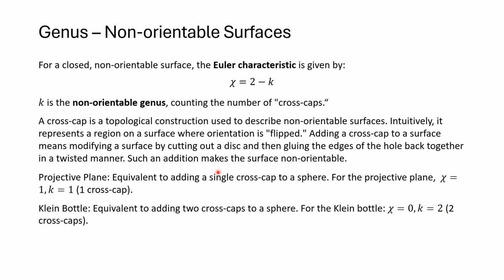So again, this is a lot to take in. I'll give you some links if you're interested in digging a little bit deeper into what this means. But the point is there is a way of defining something like a hole for non-orientable surfaces, and that's this thing called a crosscap.